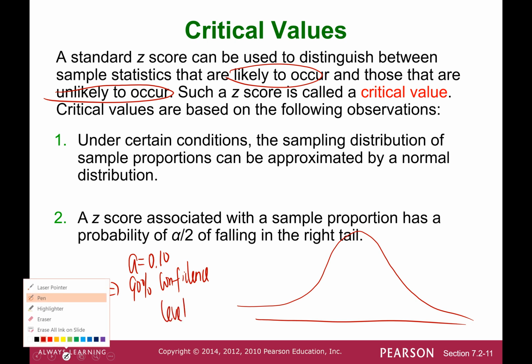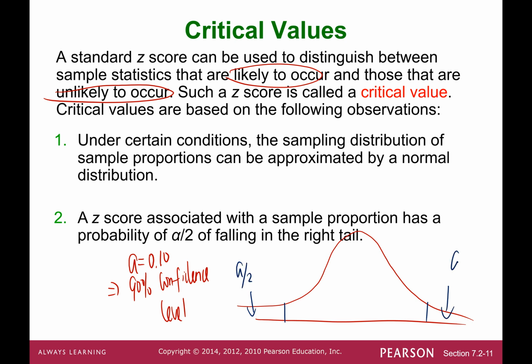On both tails, 0.10 in total, each tail will occupy alpha over 2. Alpha over 2 is equal to 0.05. And 1 minus alpha, which is located in the center, is 90%, so that's 0.90.